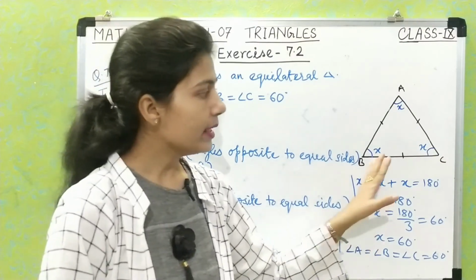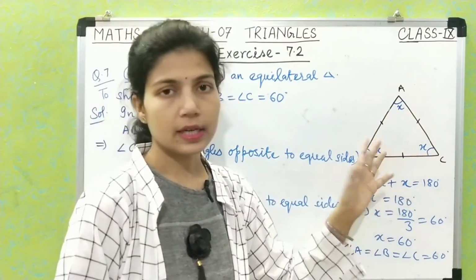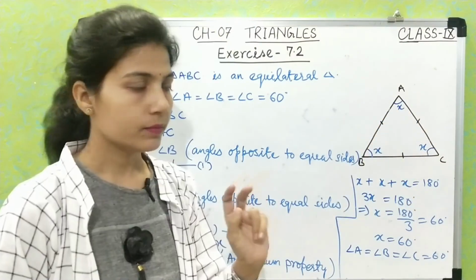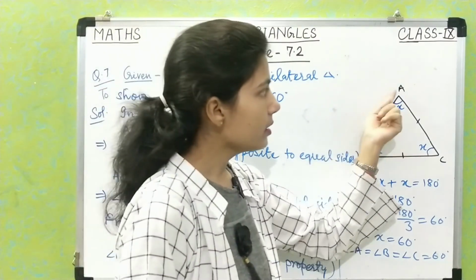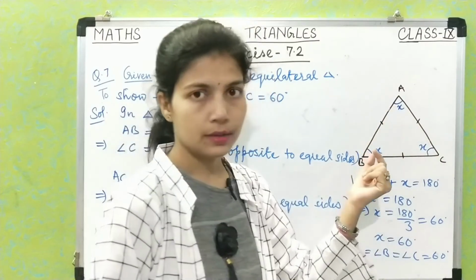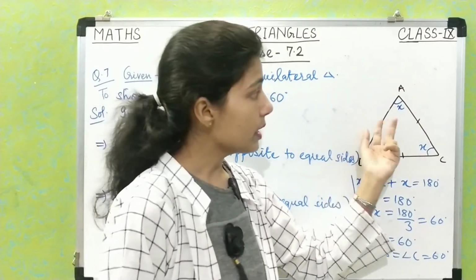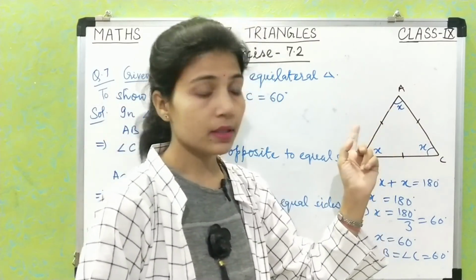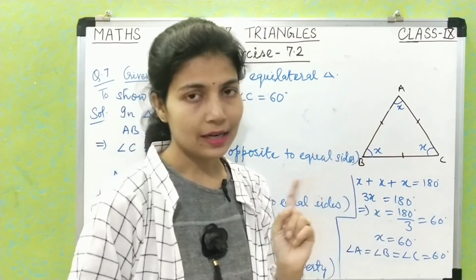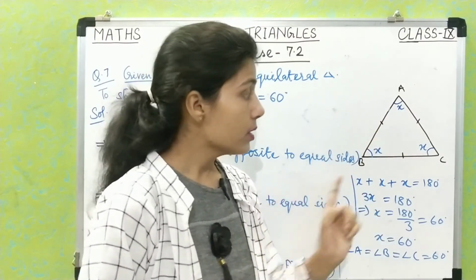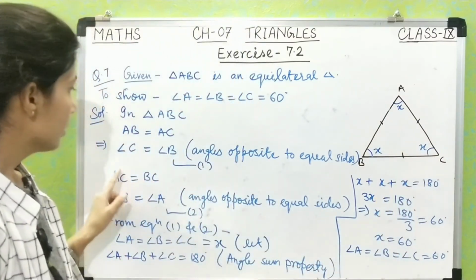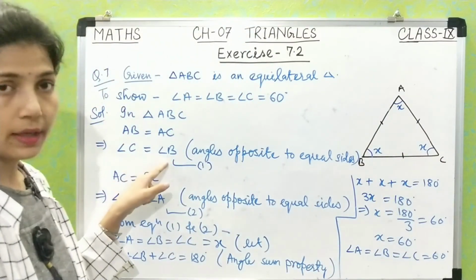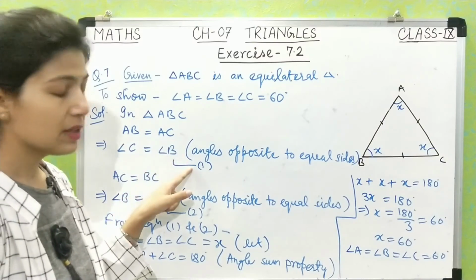Equilateral triangle means all the three sides will be equal. So at a time we have to take two sides. First we have taken sides AC and AB. If we take two sides as equal sides at a time, then it will be considered an isosceles triangle. So the angles opposite to these sides will be equal. So from here angle C equals angle B. We have named this equation as 1.